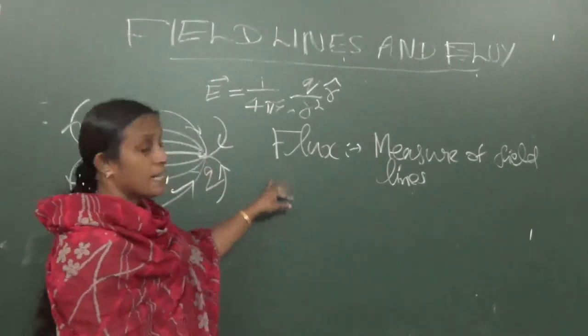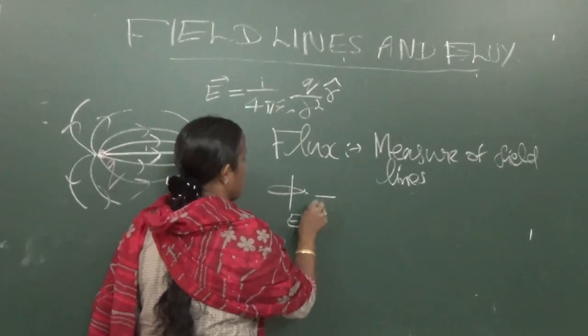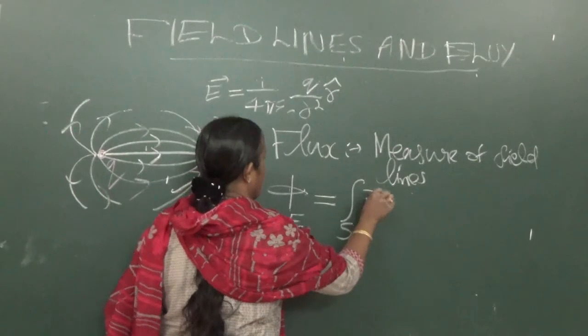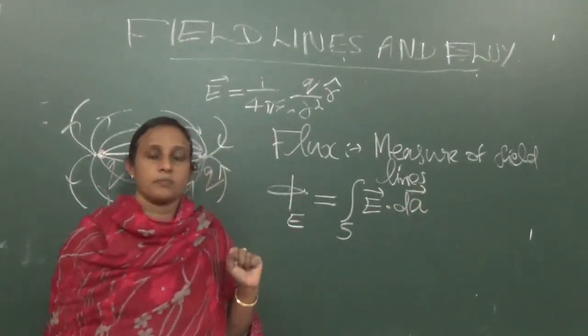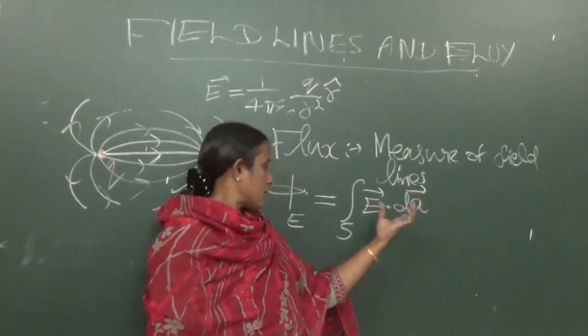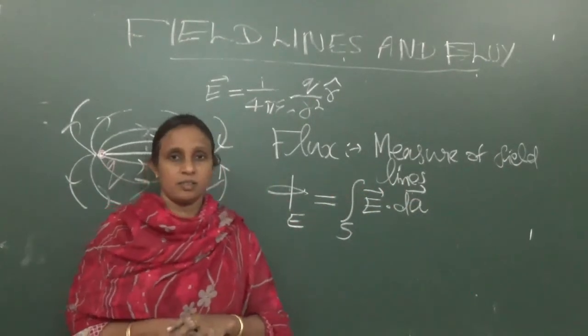And the electric flux is defined as phi E equal to the surface integral of E dot dA. If dA is the area, then the surface integral of E dot dA gives you flux.